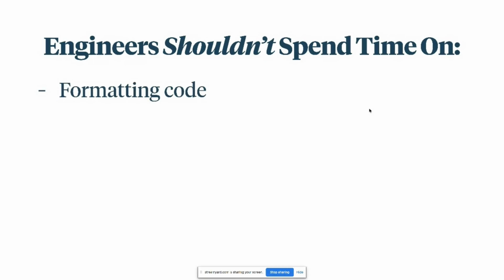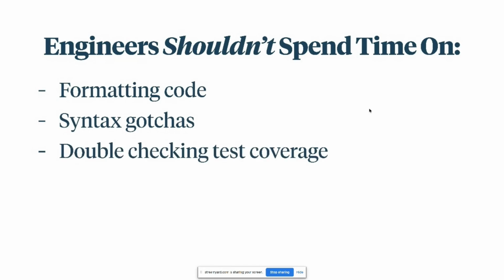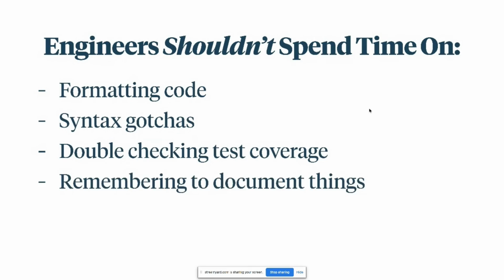Just things like worrying about formatting code. Ideally, the editor just does that for us. Syntax gotchas, like little syntactical things that could have been written a different way. It would be nice if we could just standardize those and fix those. Double checking test coverage. There's no reason that should be part of a PR process.